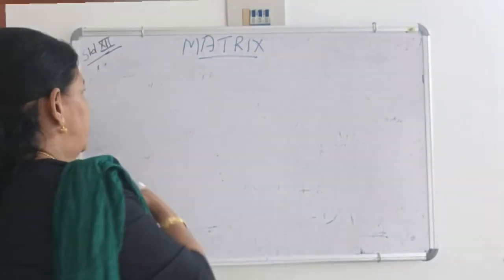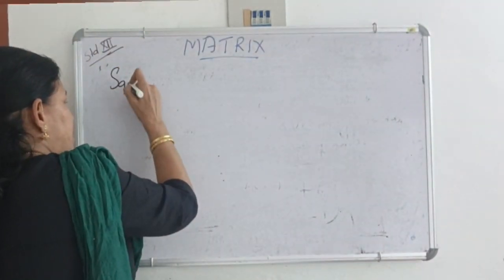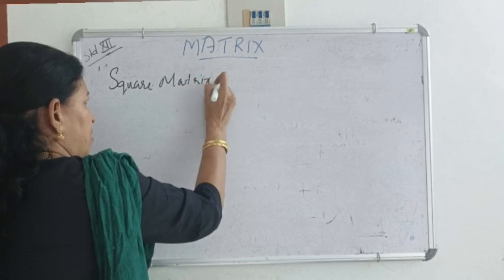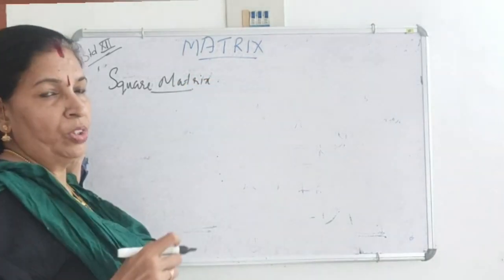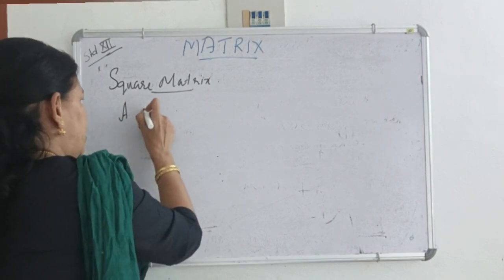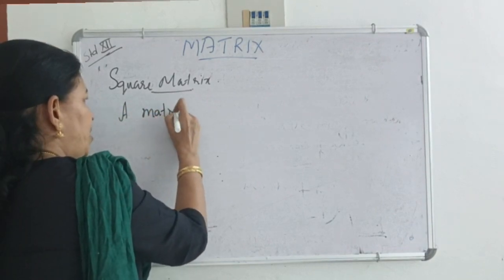Square matrix. What do you mean by a square matrix?